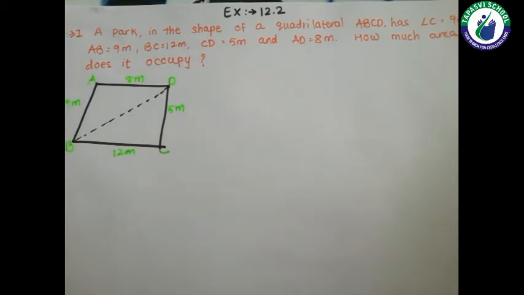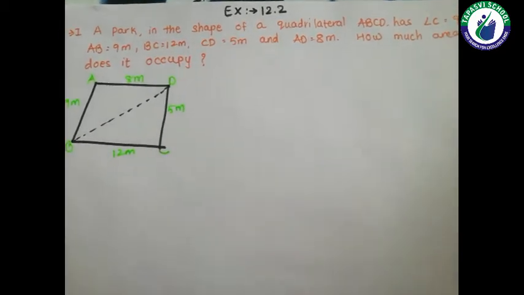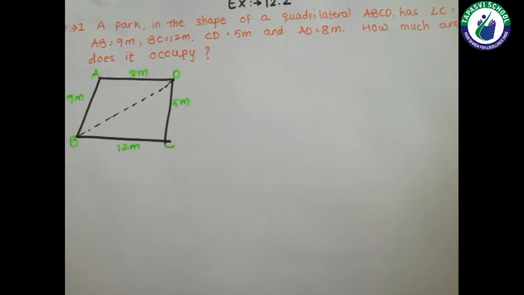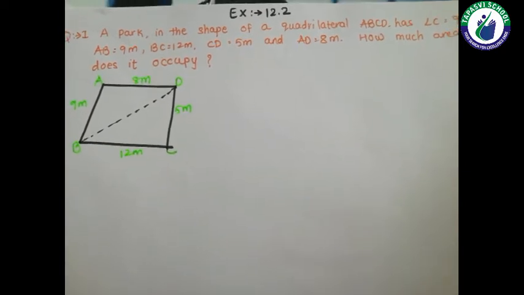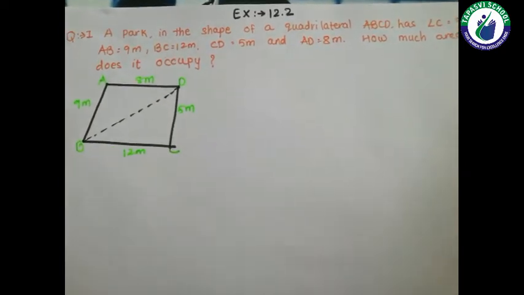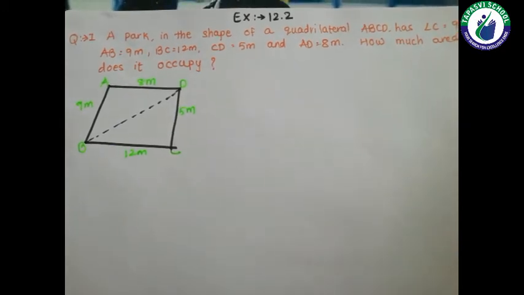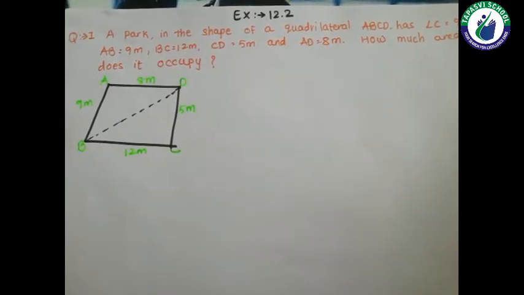So this way we will get the area of the quadrilateral by using Heron's formula. Now we are going to start our exercise 12.2, which is based on that concept.